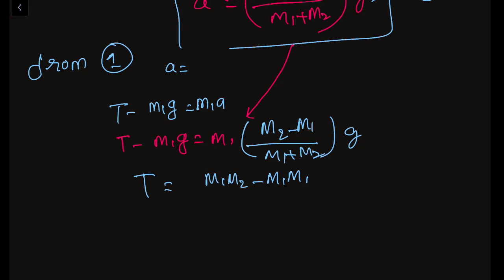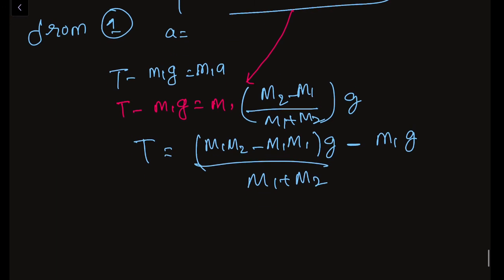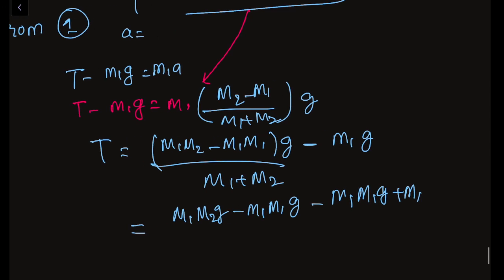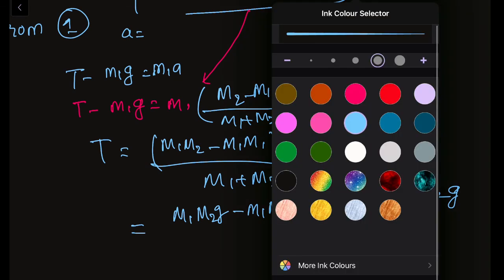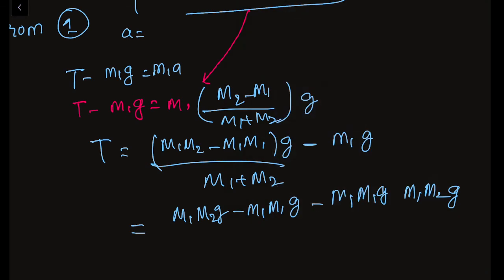Now T is equal to m1(m2 minus m1) into g by (m1 plus m2), plus m1g. Taking the LCM (m1 plus m2), we get m1m2g minus m1m1g plus m1m1g plus m1m2g, by (m1 plus m2).